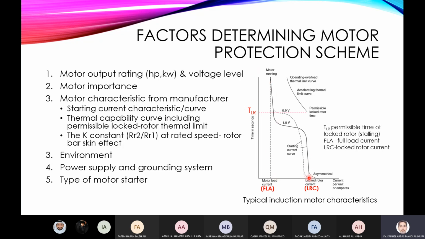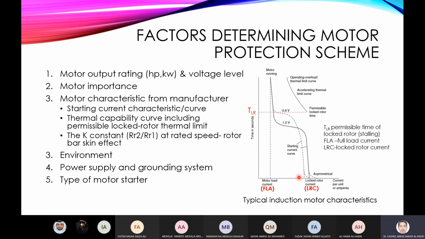How long does it take to accelerate from standstill to reach the rated speed? This is called the acceleration time, the time required to accelerate to the rated speed. And this varies depending on the voltage. If you apply lower voltage, it will take longer to accelerate to the rated speed, but the starting current is smaller.